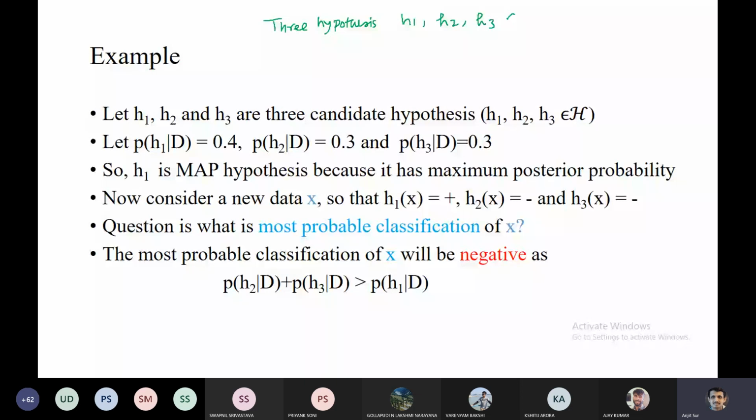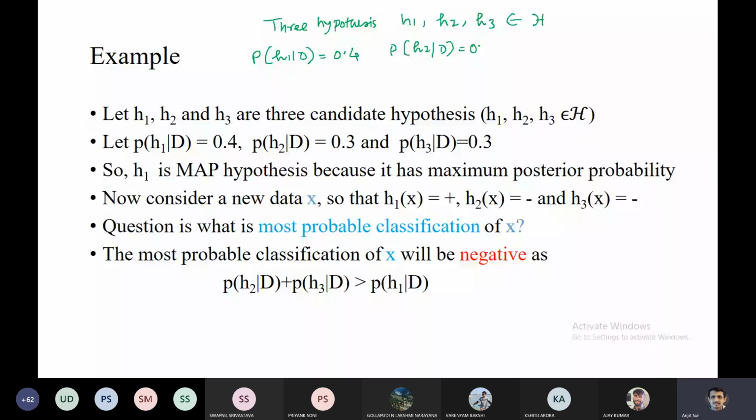We have to find the required hypothesis. Now, the probability of H1 given D, let's say it is 0.4. Probability of H2 given D, let's say it is 0.3. And probability of H3 given D is 0.3.